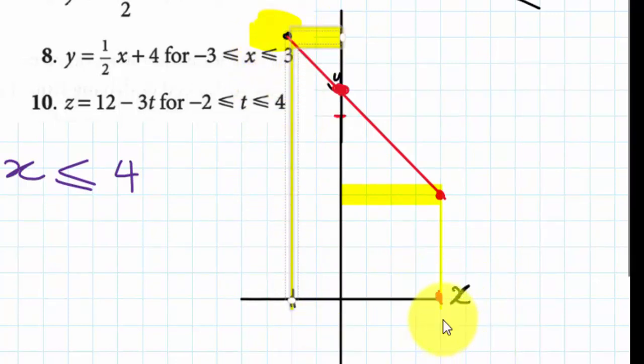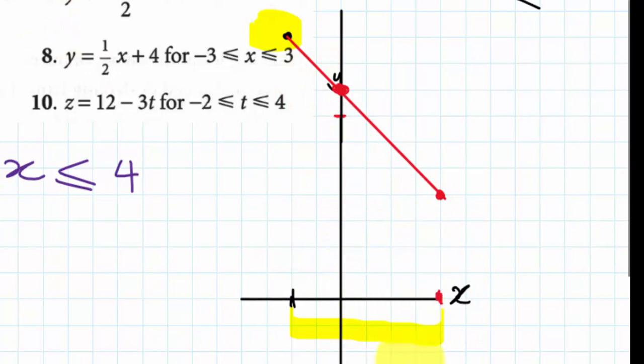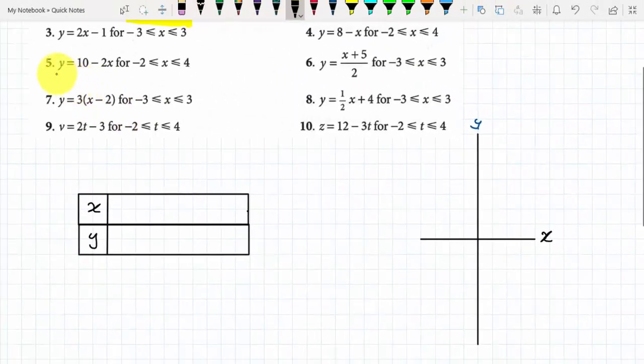So this is the graph that the question wants. This is the interval of the graph that the question wants. Question 4, done. This is the graph. Next question, question 5. The interval is again from -2.